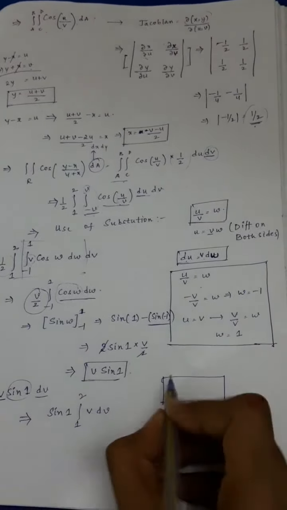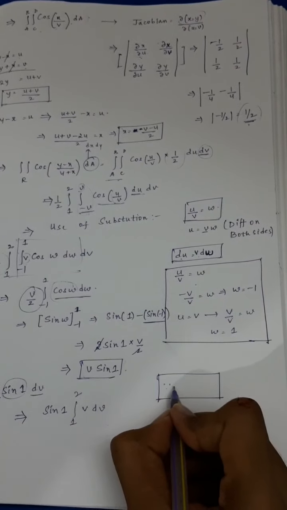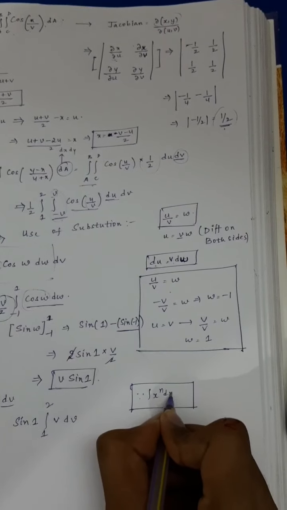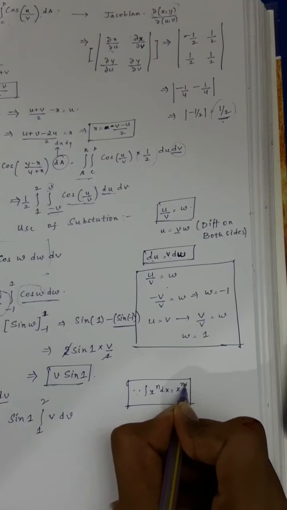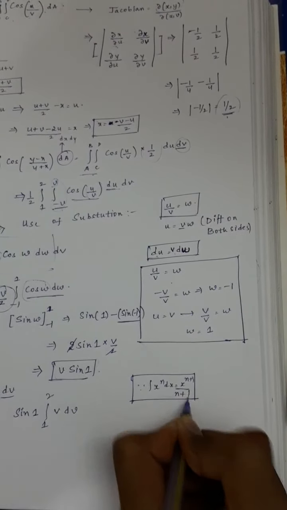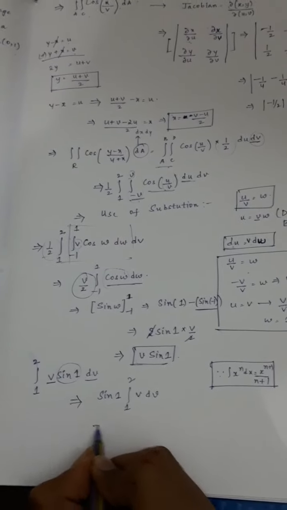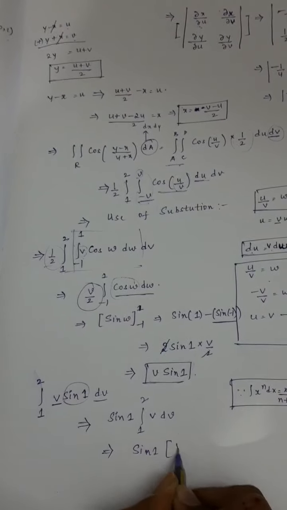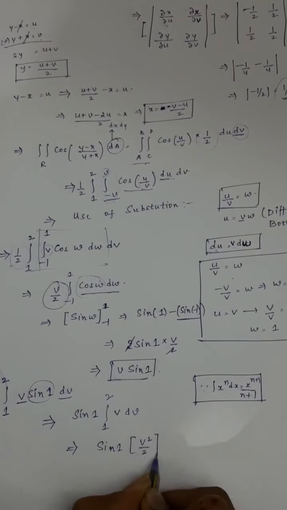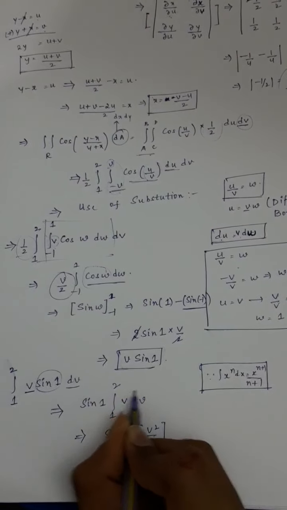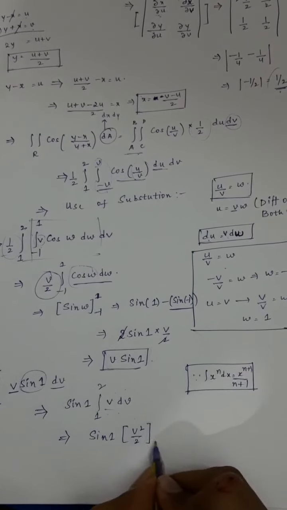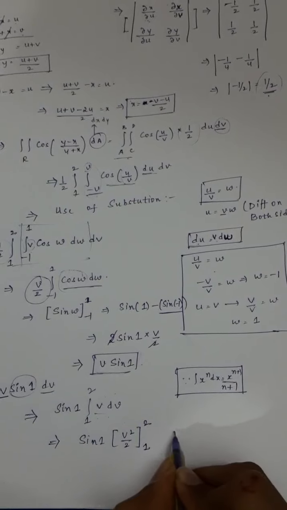Since we are well aware of the formula, the integral of x to the power n dx is equal to x to the power n plus 1 by n plus 1. So here this would be sin 1 times v square by 2, which is v to the power 1 plus 1 by 1 plus 1. The limits are from 1 to 2.